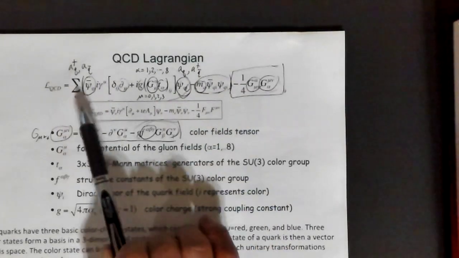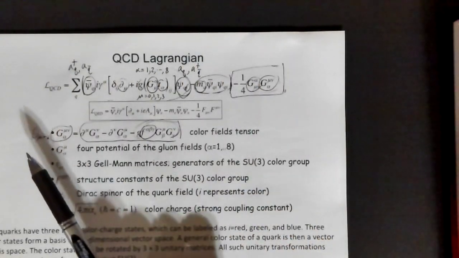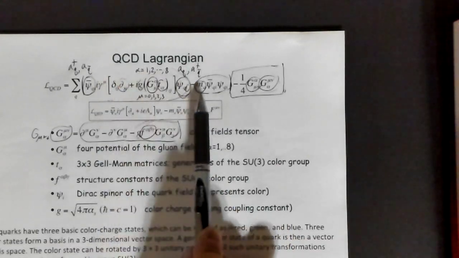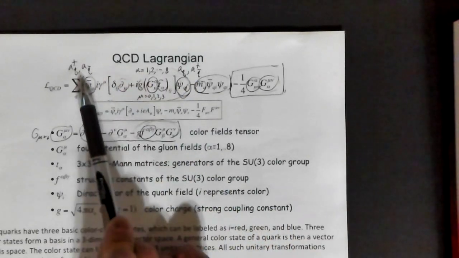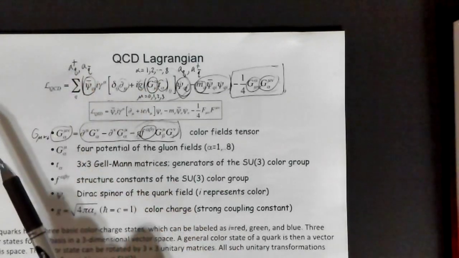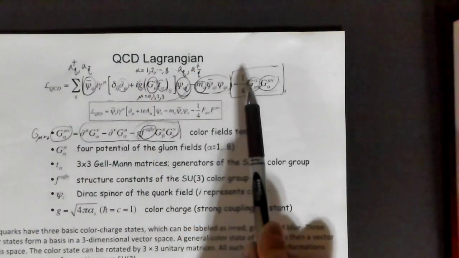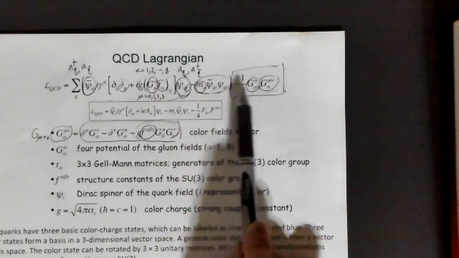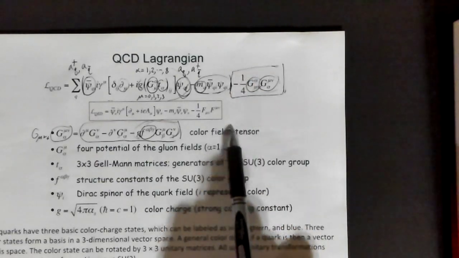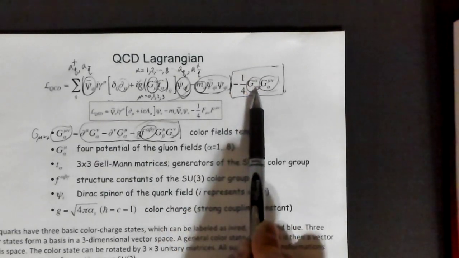We worked very hard to explain all the various terms in this Lagrangian, like the quark field psi, and its Hermitian conjugate psi bar, and the gluon field G mu alpha here. And then we also had these objects like the field strength, the field tensor, G mu nu.